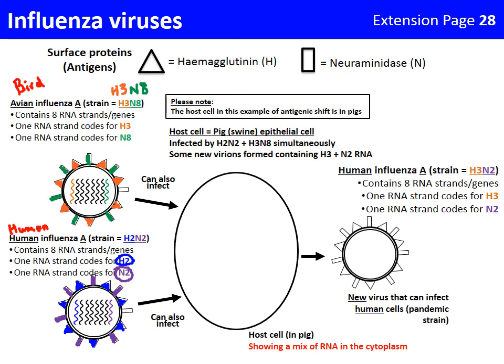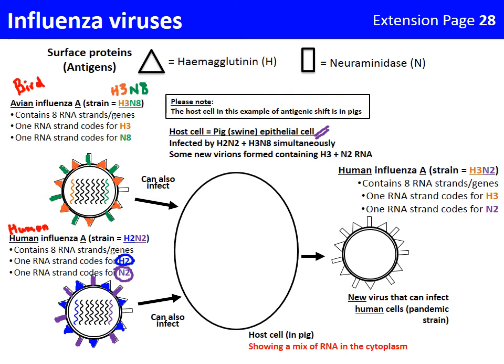Now imagine we had, for example, a pig as the host. So the pig might get infected with the avian influenza virus H3N8, and it also might get infected with the human influenza virus H2N2. So imagine one of the epithelial cells that lines the trachea or the bronchi or the bronchioles of the pig simultaneously had infection with both this bird influenza virus and the human influenza virus.